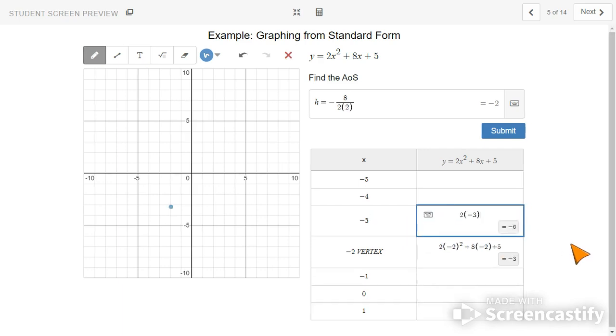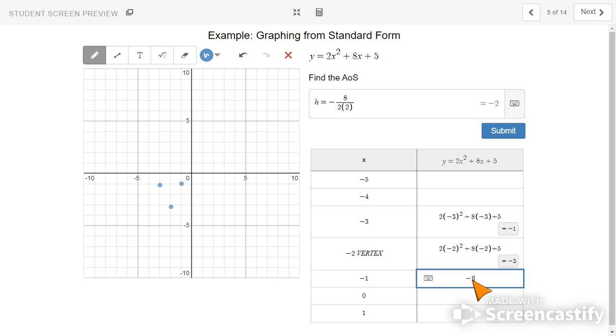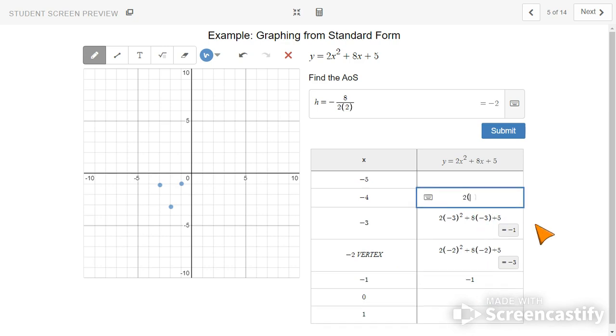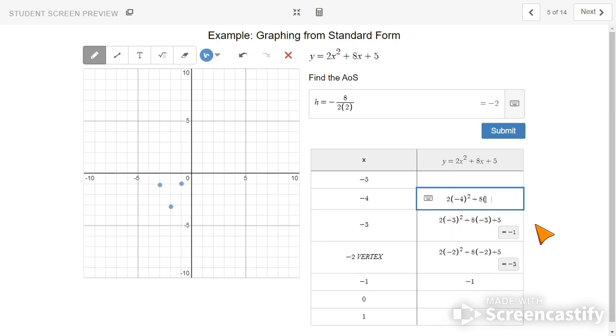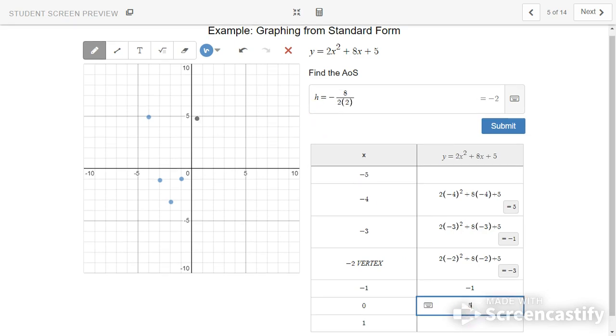Let's substitute our next one in. Negative 1. And on the mirror side, we're going to have the same. Negative 4, positive 5. So on the mirror, we will have the same.